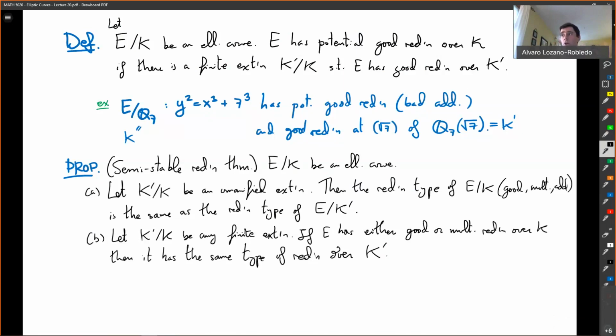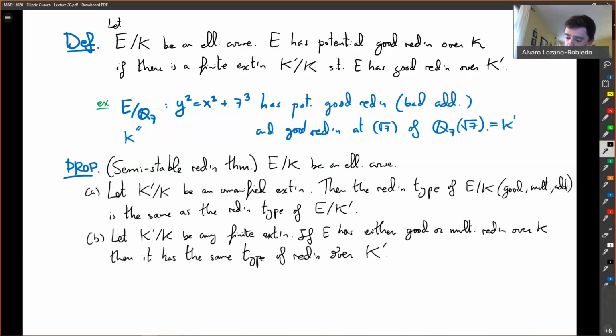It is still going to be good or multiplicative reduction. You might be able to go from non-split multiplicative to split multiplicative. That can change.